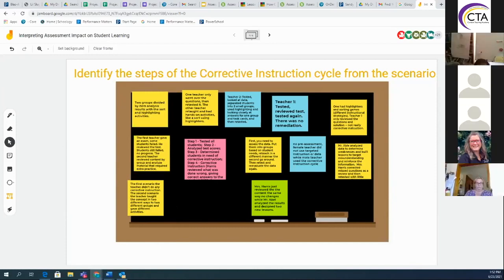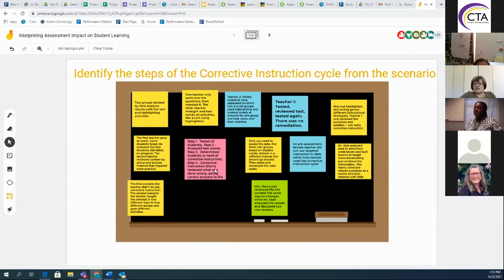In the scenario, it doesn't say that Ms. Harris analyzed the data. No, it did not say that they analyzed the data. I think they were listing the steps that I talked about previously. Yeah, it just said that she did have to look at it to see who had missed them.